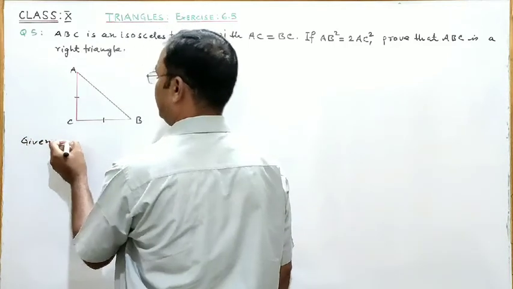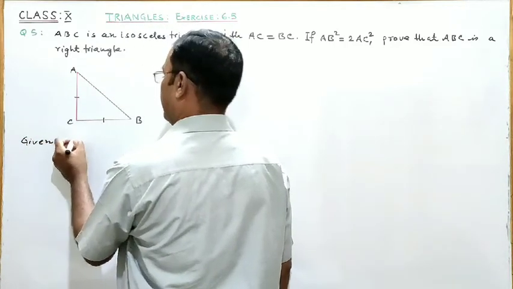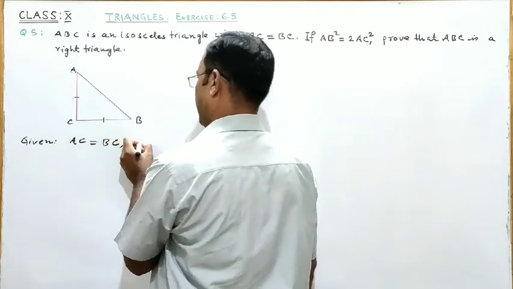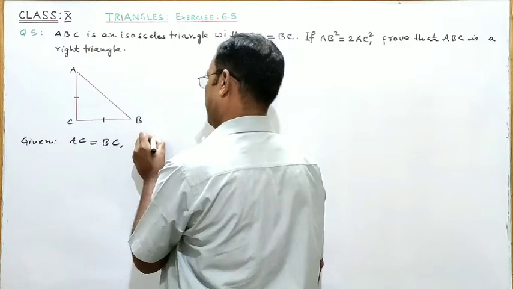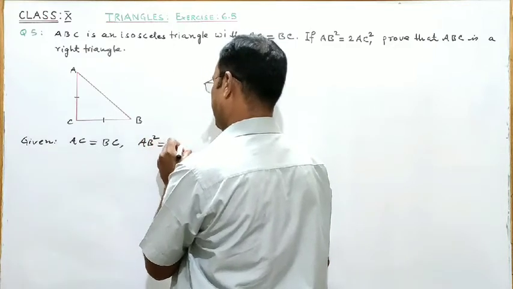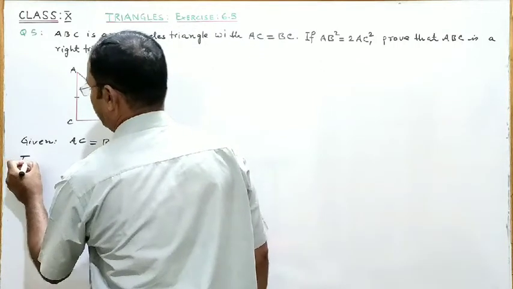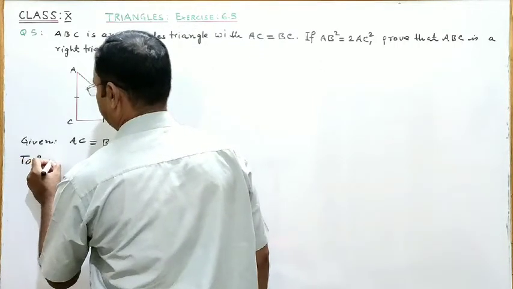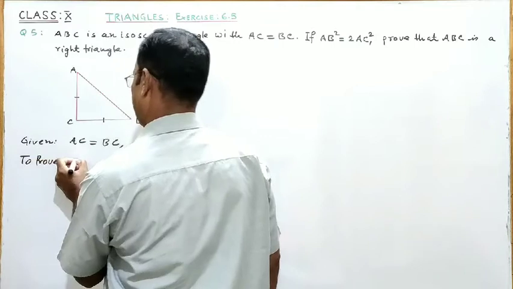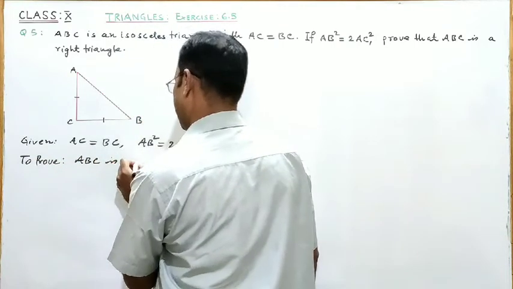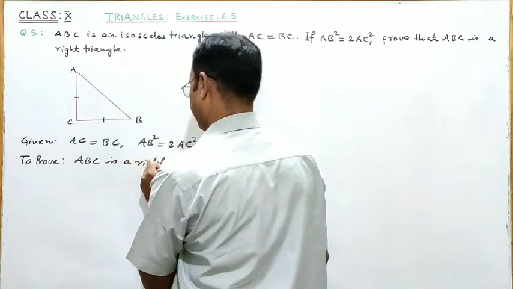So, given AC is equal to BC and AB square is equal to 2AC square, we have to prove that ABC is a right triangle.